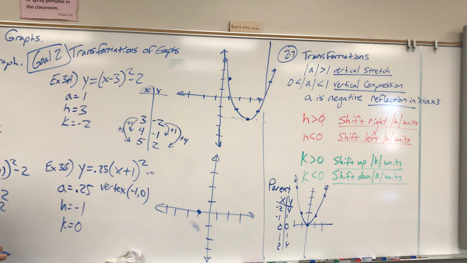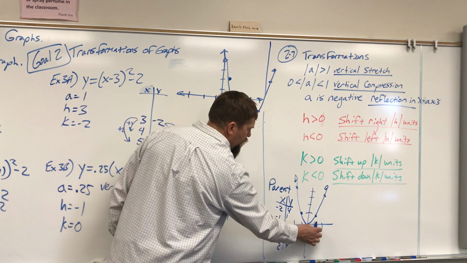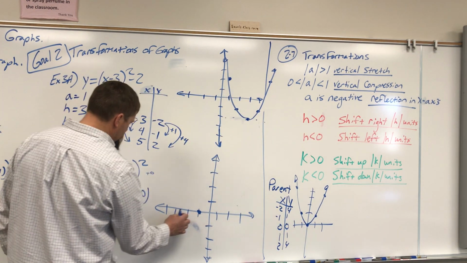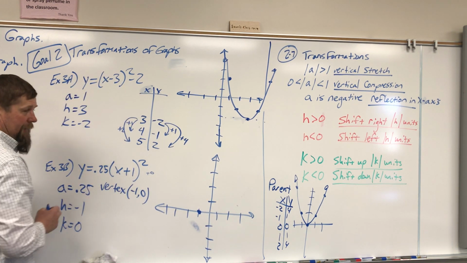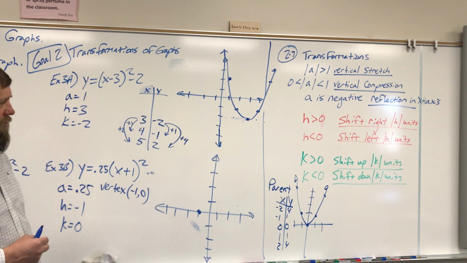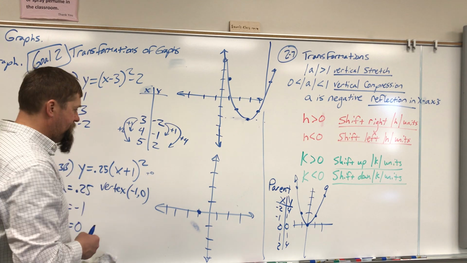Now, rather than going over 1, up 1, like on our parent function, we would go over 1, up a. You're always taking the parent function y values and multiplying them by a.